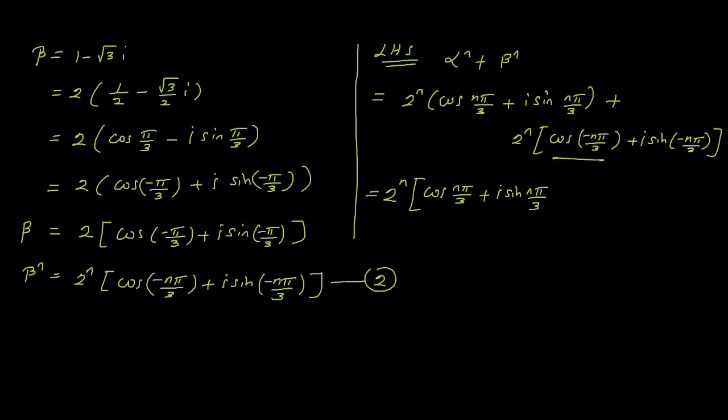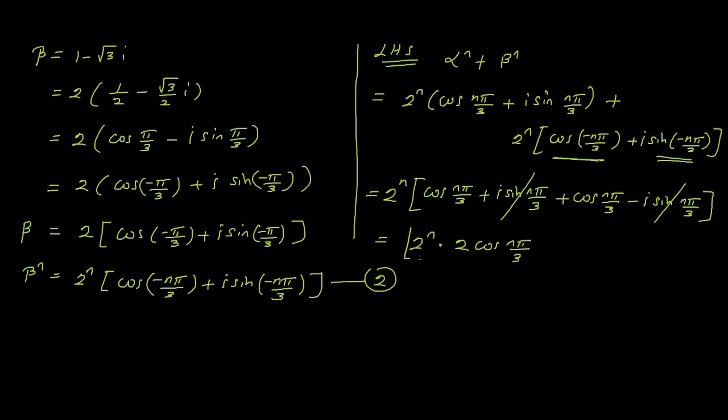Cos of minus theta, I have already told you, can be written as cos theta. So I can write cos n pi by 3. Sine of minus theta can be written as minus sine theta, so this will become minus iota sine n pi by 3. Now iota sine n pi by 3 and minus iota sine n pi by 3 will get cancelled, and we will have 2 to the power n into 2 cos n pi by 3.